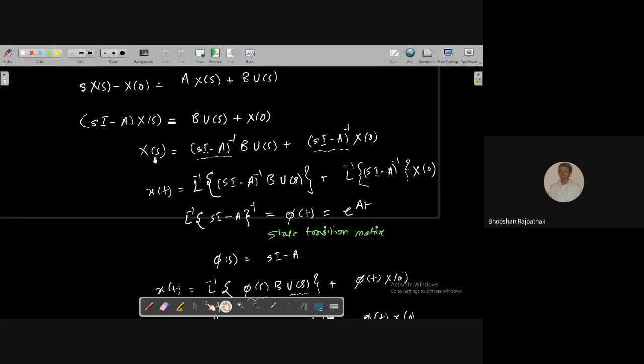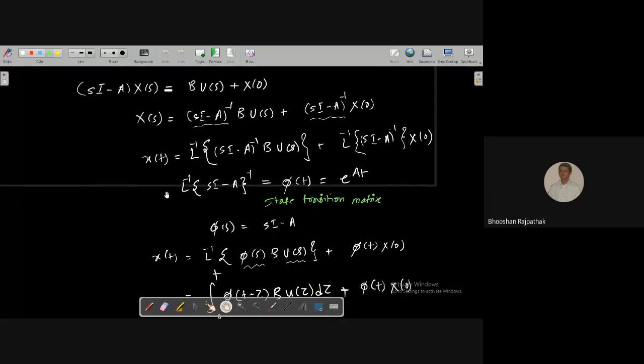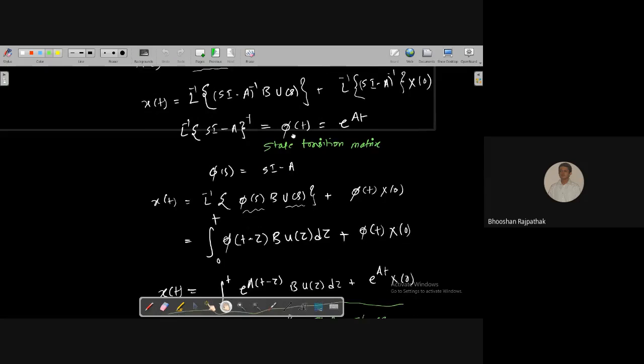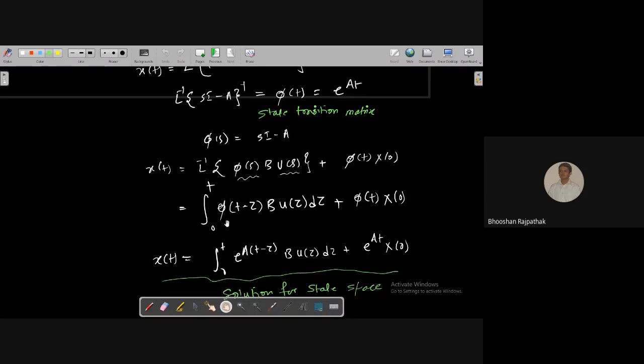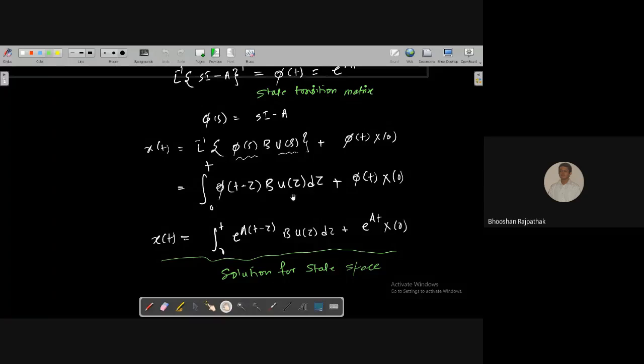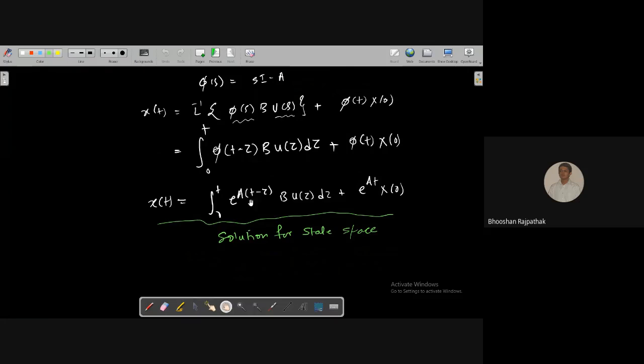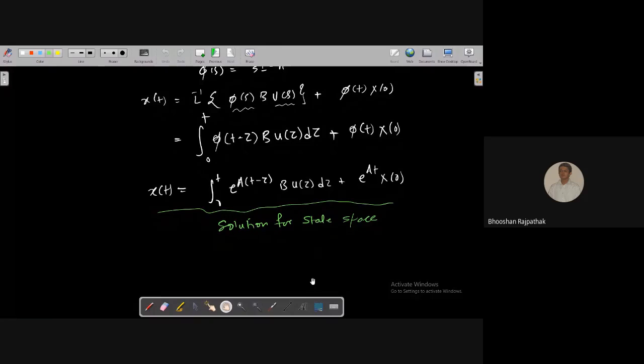Then we just took inverse Laplace to get x(t). When we take inverse Laplace, Laplace inverse of (sI minus A) inverse is phi(t), that is the state transition matrix. And here we have multiplication in Laplace domain, one function and another function. If you have multiplication in Laplace domain and you take Laplace inverse, it will be convolution in time domain. That is why we have e raised to A(t minus tau) B u(tau) d tau plus e raised to At x0. Solution for state space.